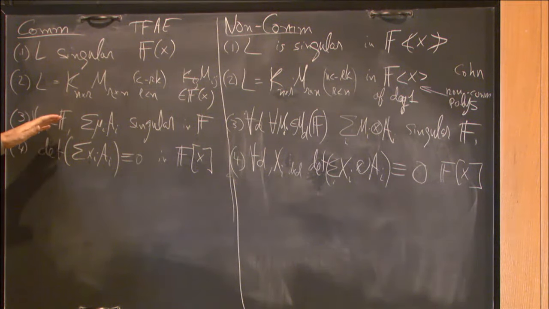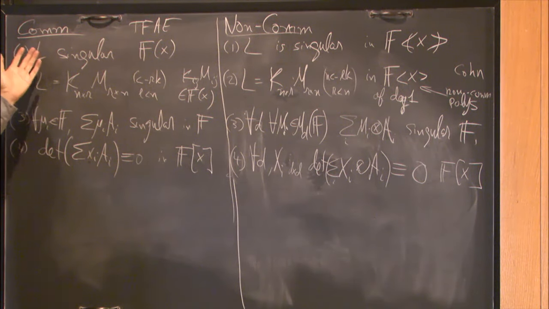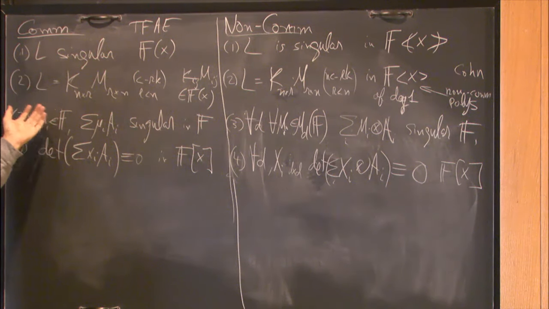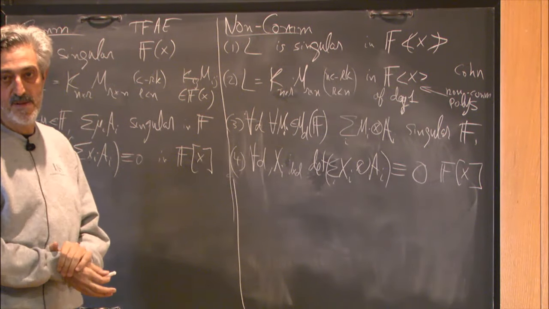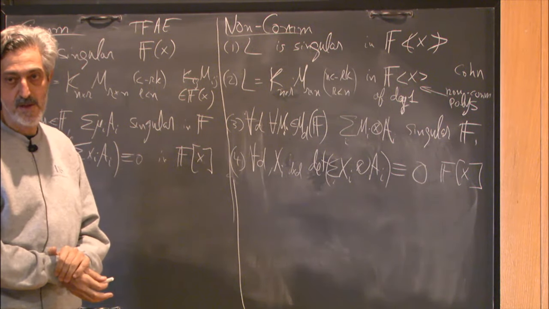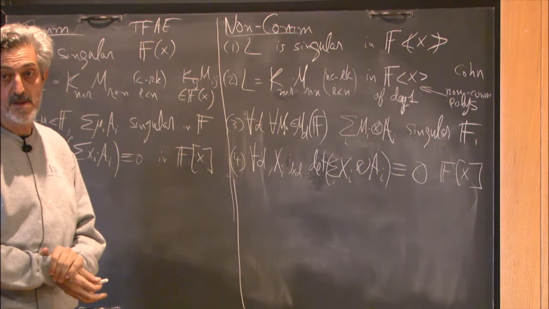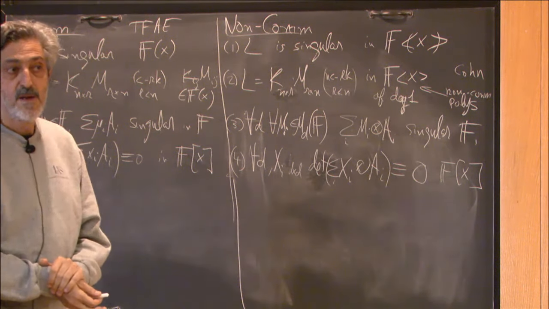In the commutative setting, the matrix is singular if the linear space that the A_i's define over the field consists only of singular matrices. Here you want the same, but for all blow-ups. So the coefficients are matrices? Coefficients are matrices, yeah.